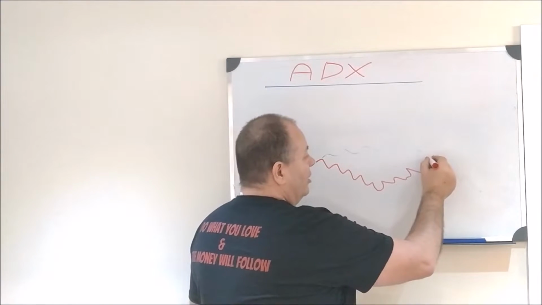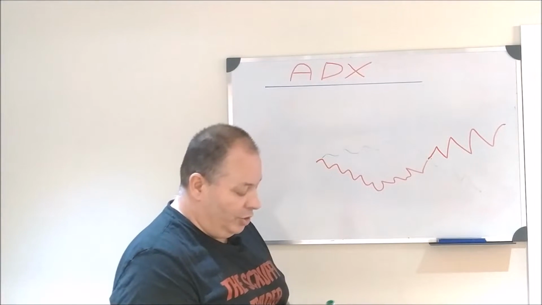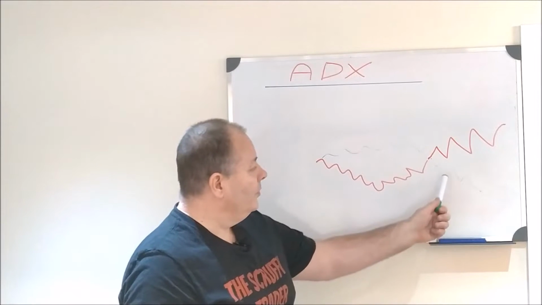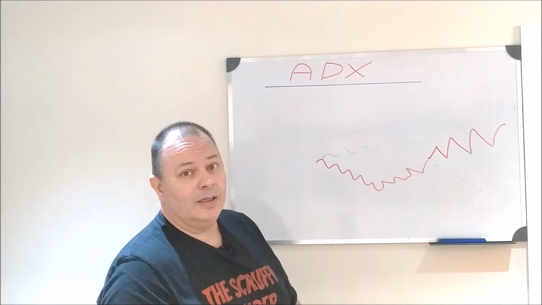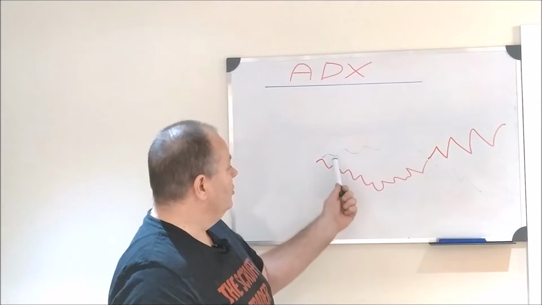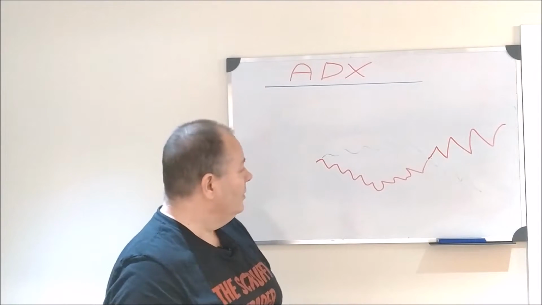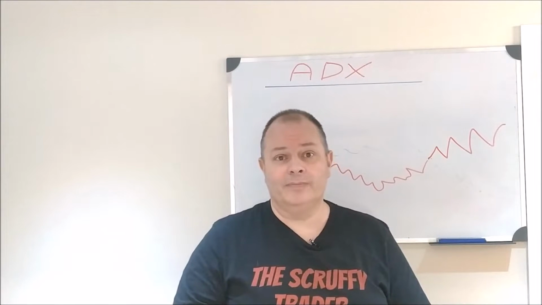So at that cross there, that would assume that the sellers are in control. Green one means the buyers are in control. So buyers, sellers, you're working off the cross. All right, but I'll show you that more on a chart.